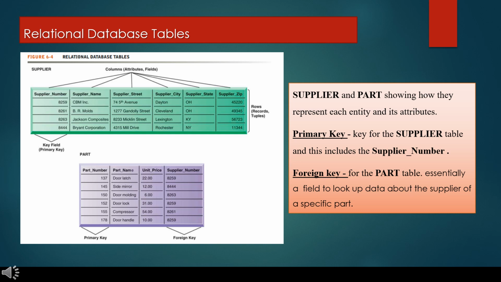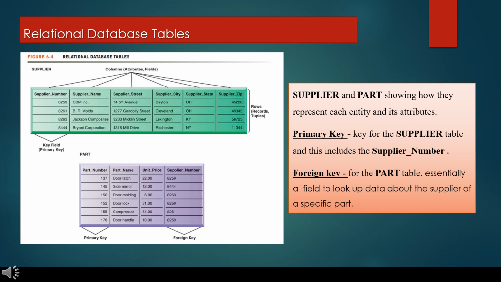This primary key column serves as the only means by which all the data in every table row may be uniquely identified. Now, the primary key for the supplier table is supplier number, and the primary key for the part table is part number.